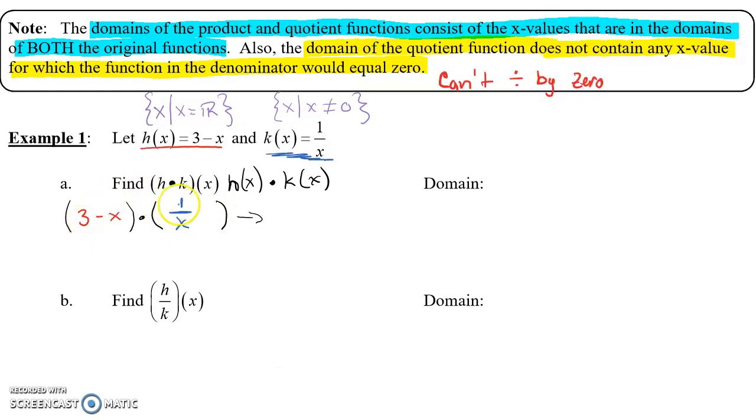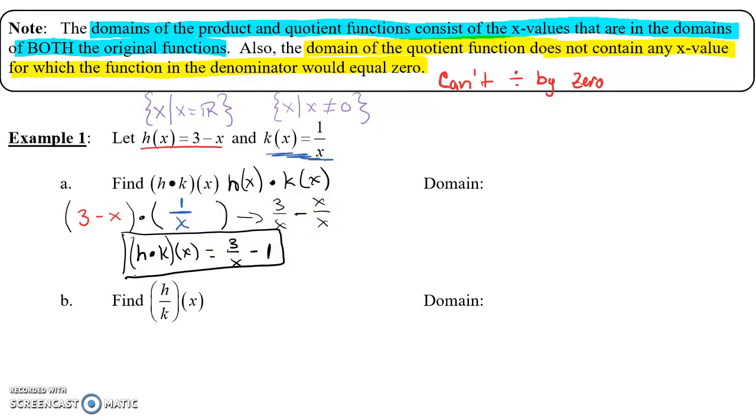1 over x times 3 gives me 3 over x, minus 1 over x times x gives me x over x, which does definitely simplify to 1. So my function h times k of x is going to be equal to 3 over x minus 1. x divided by x is equal to 1.